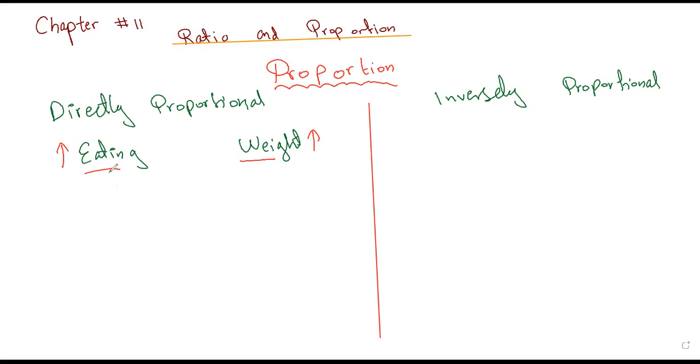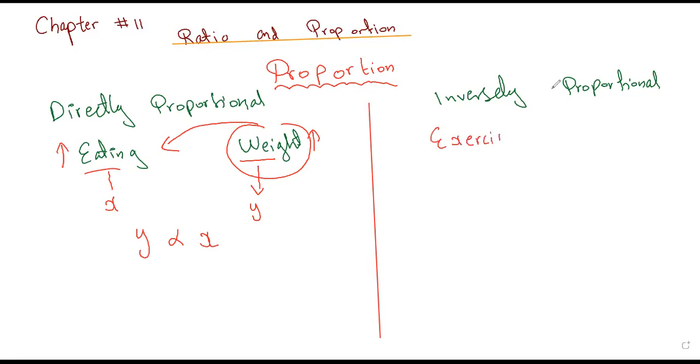And eating is an independent quantity. My weight depends on eating, but eating itself is an independent quantity. So the independent quantity should be x and the dependent quantity should be y. Since if I eat more, my weight would be more, this means that y is directly proportional to x. Okay, let's talk about exercising and weight.